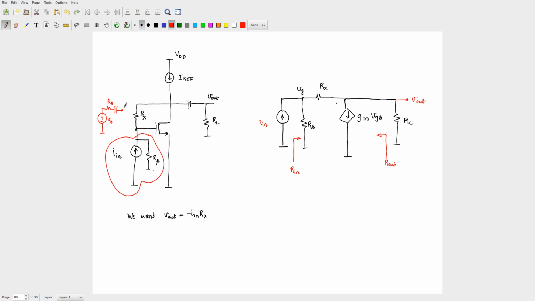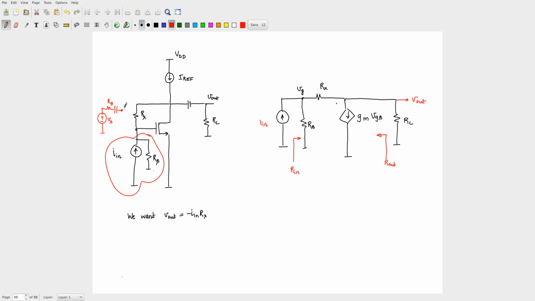But what is the difference? How can the same circuit work as a common source amplifier and also as a current controlled voltage source? When we did the design of the common source amplifier with drain feedback, we finally imposed a condition on the value of Rx, the equivalent of Rx. We had called it RDG there many weeks ago.